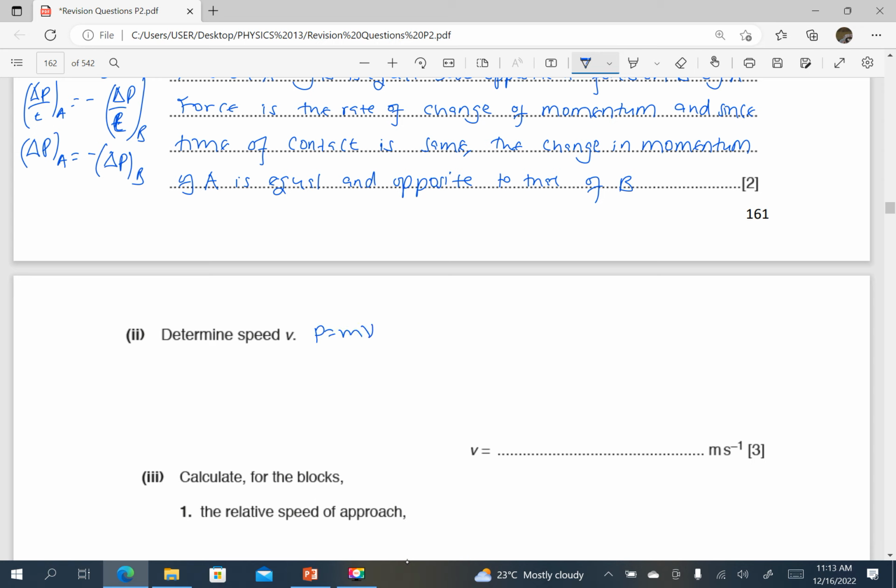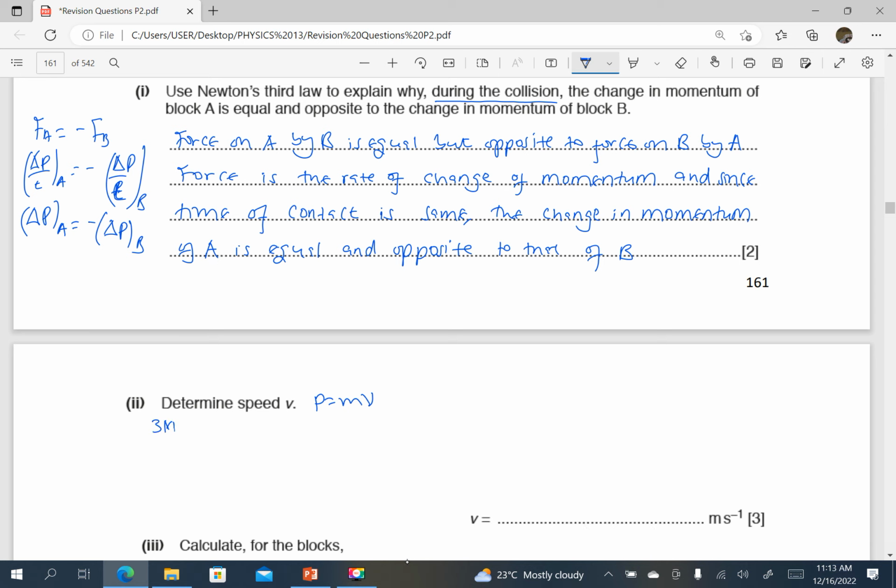So total momentum before collision: the mass is 3m, the speed is 0.4, and the other mass is m, but in the opposite direction, so we shall have 3m times 0.4 minus m times 0.25. That is total momentum before collision, which should be equal to total momentum after collision.